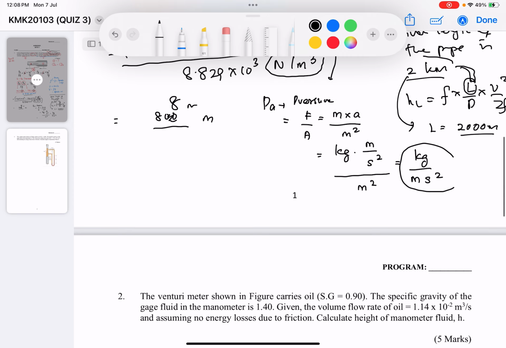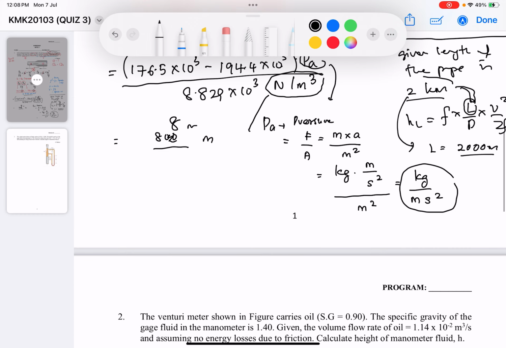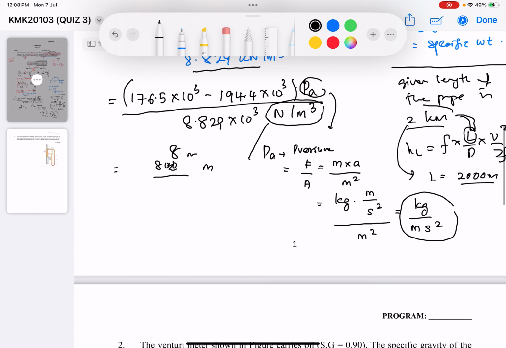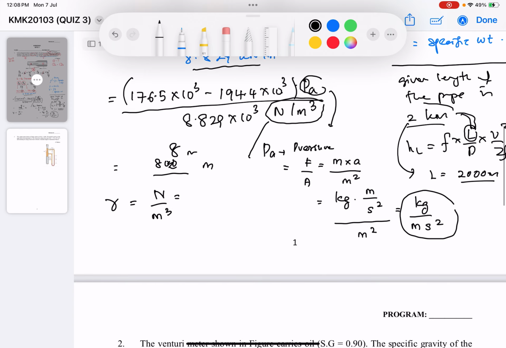So this is the unit for pressure, and then I can also check the unit of specific weight, which is newton per meter cube. Newton is the unit of force. Force equals mass multiplied by acceleration, divided by meter to the power of 3. Mass multiplied by acceleration is kilograms meter per second square, divided by meter to the power of 3.